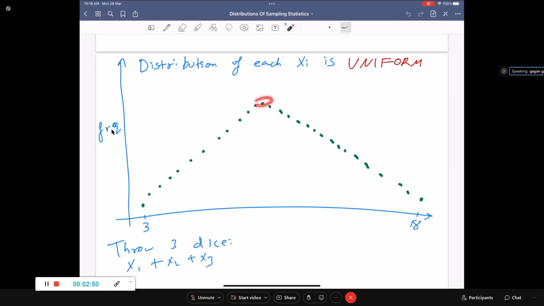I think this could be 9 or 10. I'm not sure, but one of those numbers. Lowest likelihood is that of 3 or 18. So you start seeing the curvature, and when you increase the number of dice, it will become more and more close to normal.